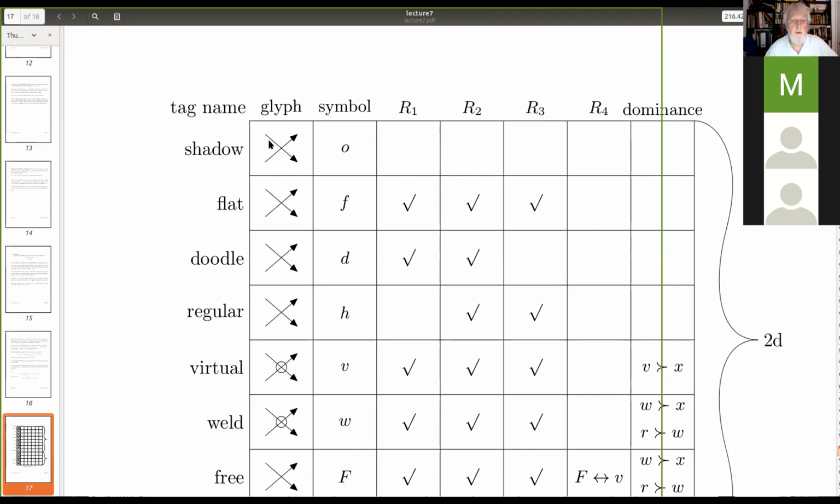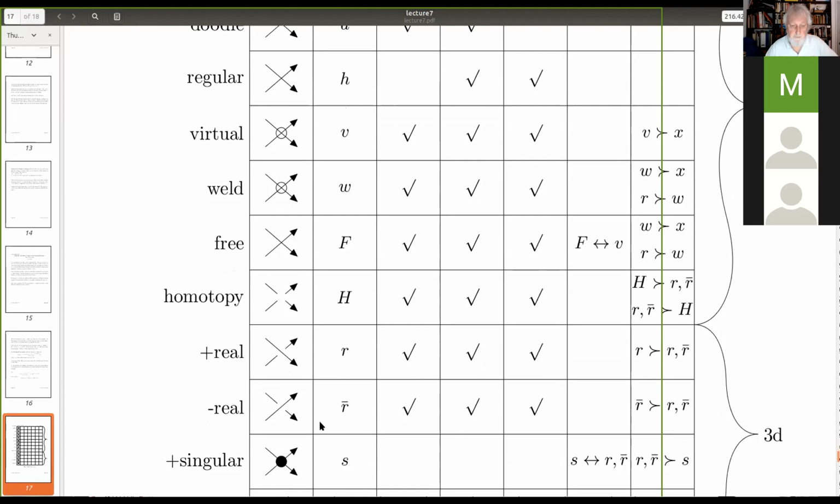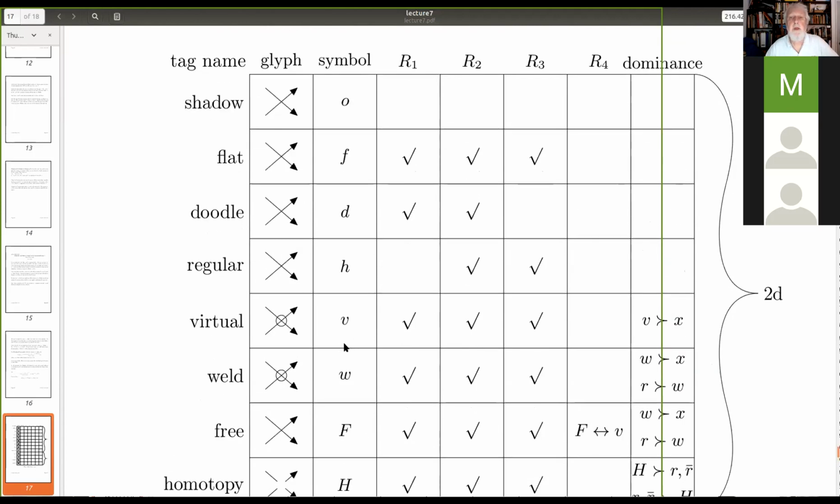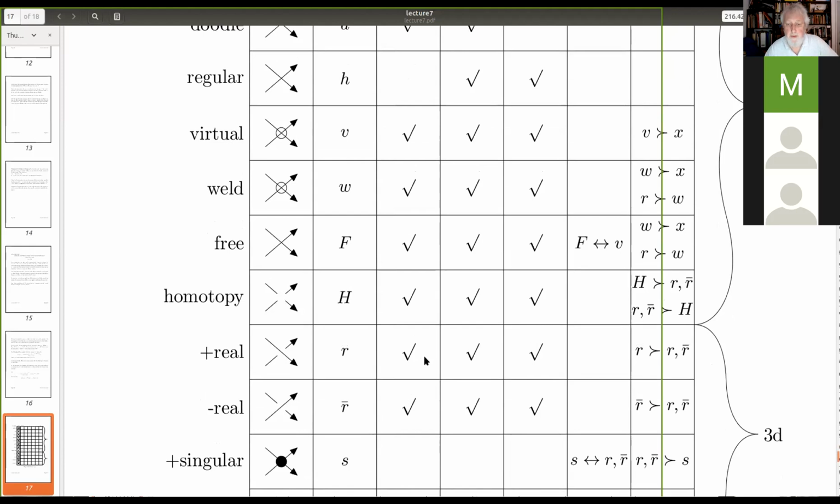And in order to get a real knot, we have to lift up the arcs either in this positive way or this negative way. Having defined this diagram, we've got the three Reidemeister moves here, R1, R2, R3, which are allowed in the real case, or what I could call the classical case.